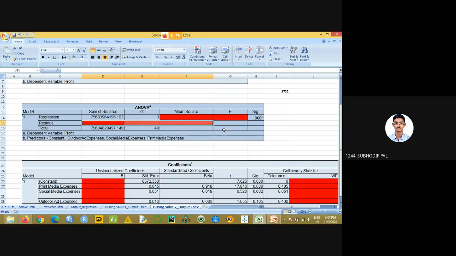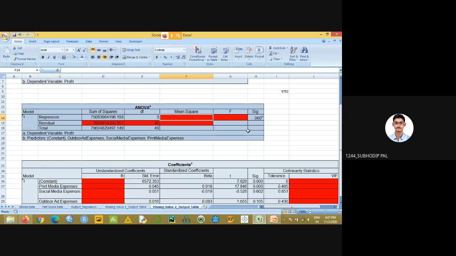How do you calculate that? Total minus regression gives the difference. I know the total and I know one part, so I can get the other part also. The same thing goes for DF also: total minus regression, you get the residual. We'll find it; 46 will be the value.